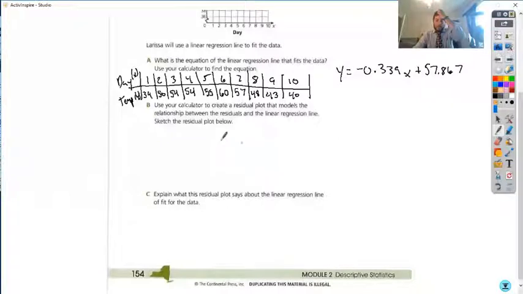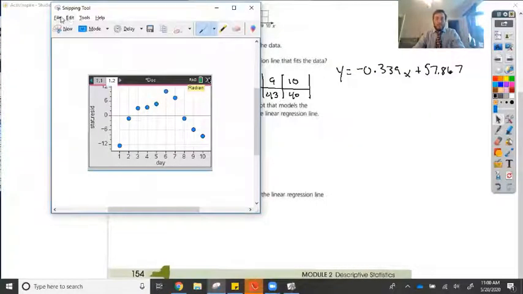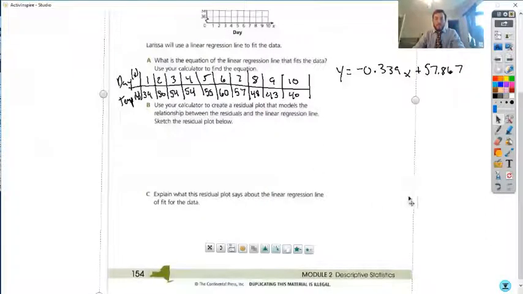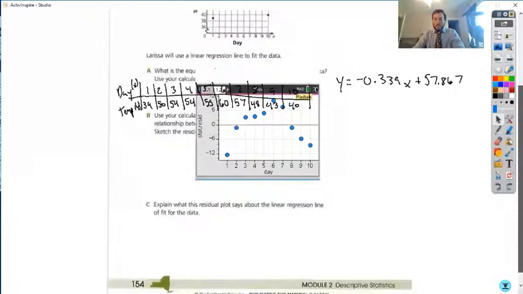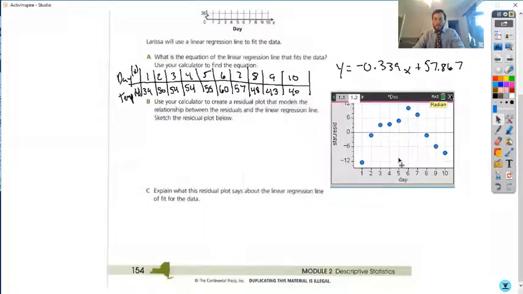You can do yours a little bit differently, but I'm just going to copy and paste. I'll take my plot and put it down there so that you can see.